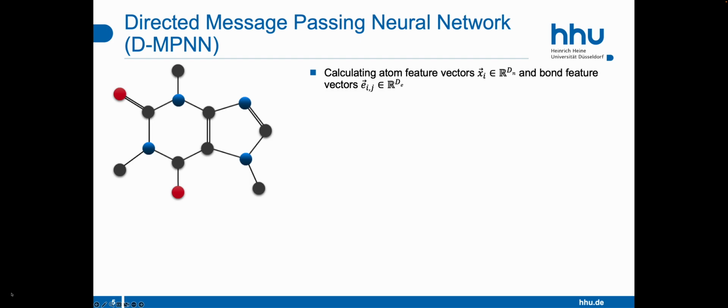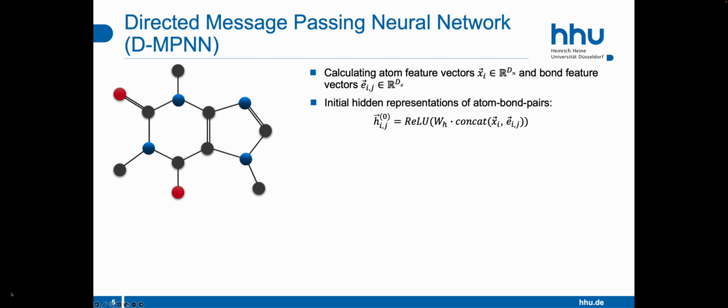In a DMPNN, we then calculate hidden representations of all atom bond pairs. We do this by first concatenating the atom and bond feature vector and then multiplying the resulting vector by matrix WH, where the entries of this matrix are learnable parameters. Then we apply the ReLU activation function to the resulting vector.